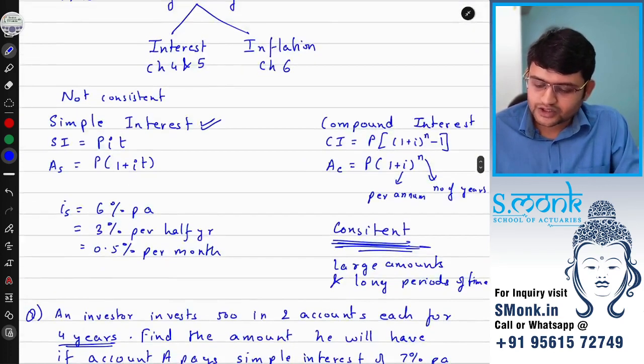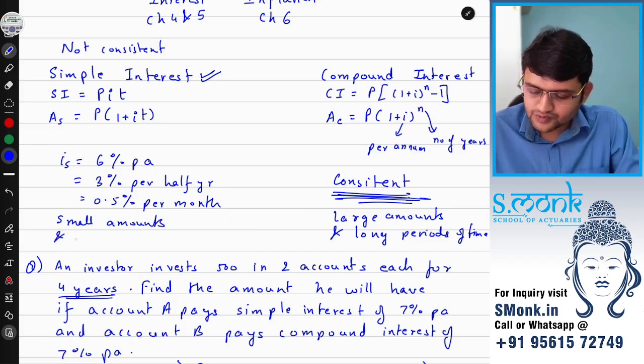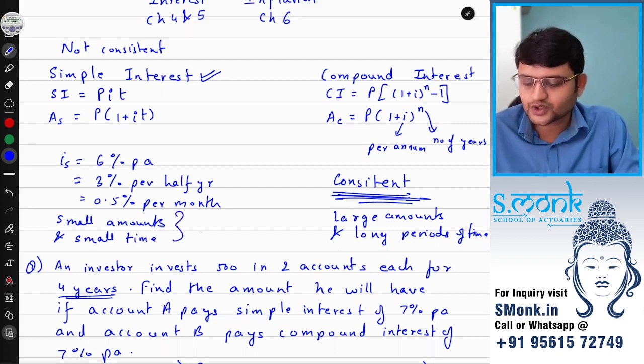So for small amounts and small periods of time, simple interest is used because it is simple for calculation.